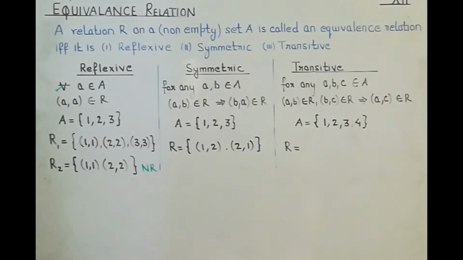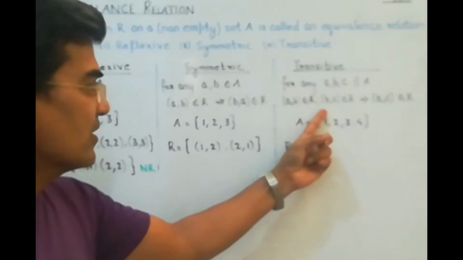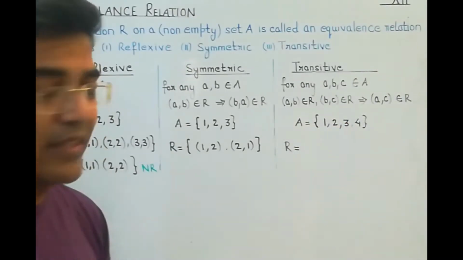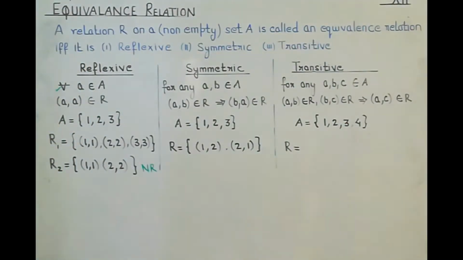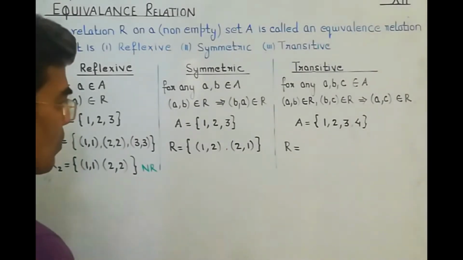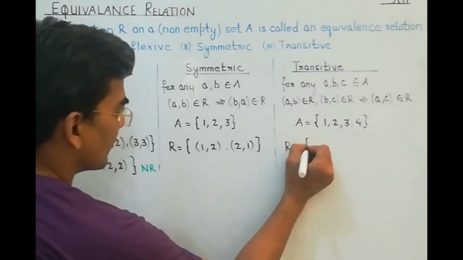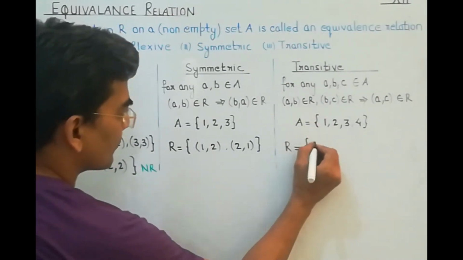If any 3 elements satisfy this relation, then we say that the relation is transitive. So again, a transitive relation can be for any 3 elements. Now see, we have taken an example in which set A has 4 elements. But if we get the relation for any 3 elements, we can say the relation is transitive. Now let us consider an ordered pair here.